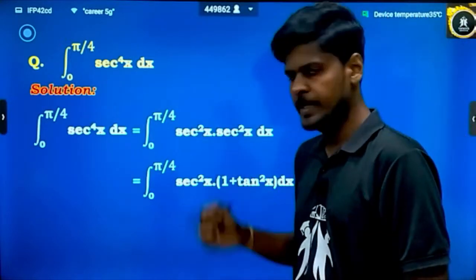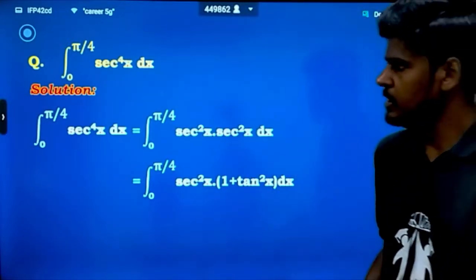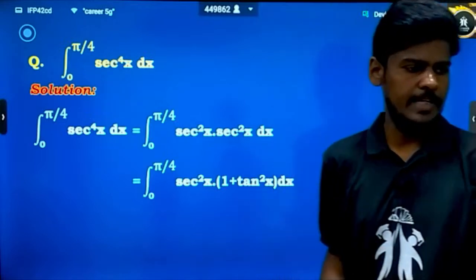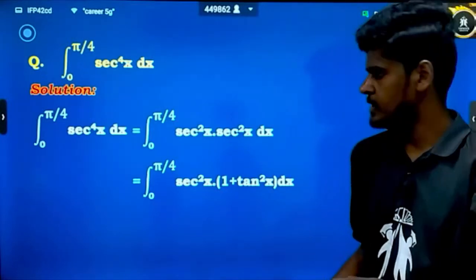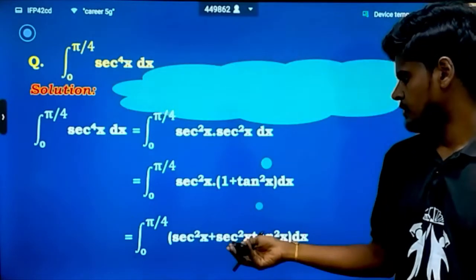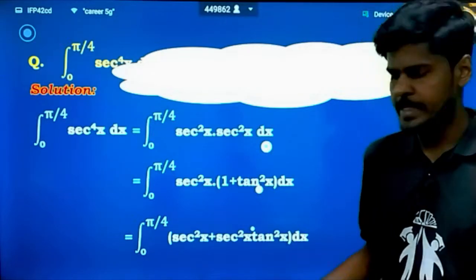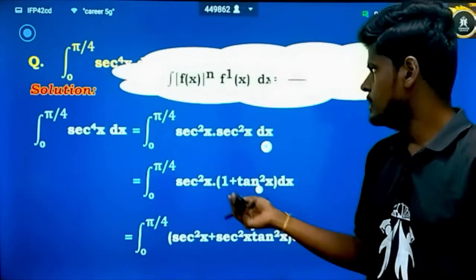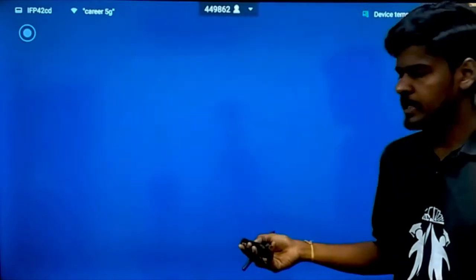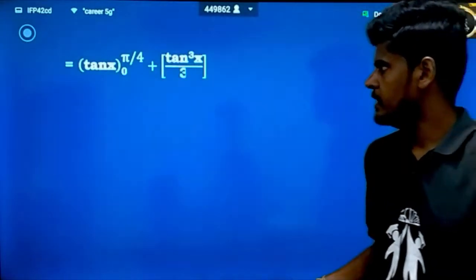So what we are going to do is manipulate the given question so that it gets converted into standard integrable forms. So we get secant square x into 1 plus tan square x. Tan x as t, secant square x dx will be dt.